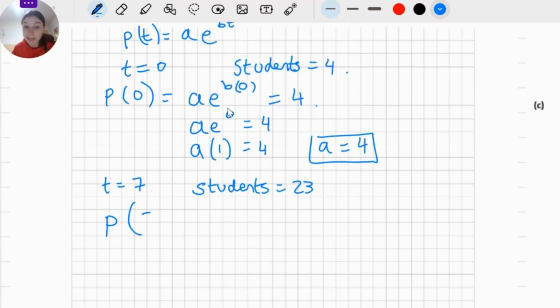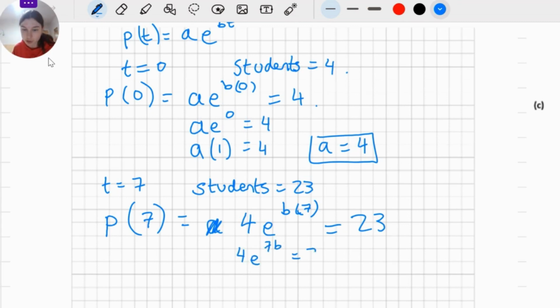So P, time is 7, so we'll put in 7, equals A, but we now know A is 4, so we could write 4 E to the B to the power of 7, putting in our time there again, and that should all be equal to 23, our number of students. So 4E to the 7B equals 23.